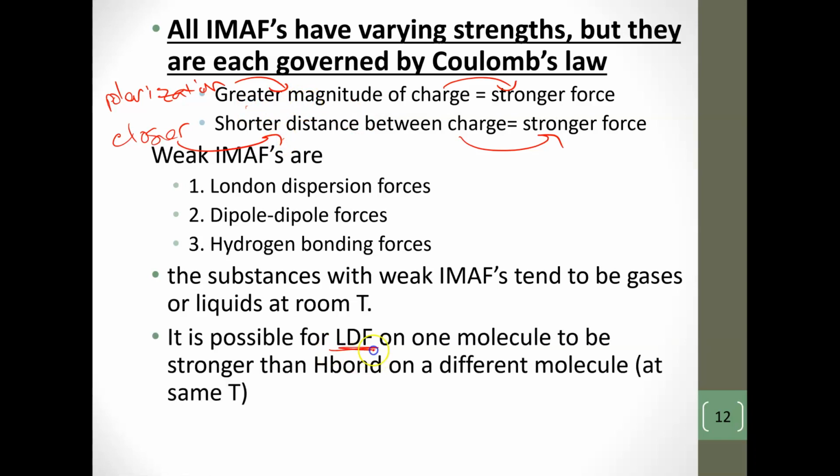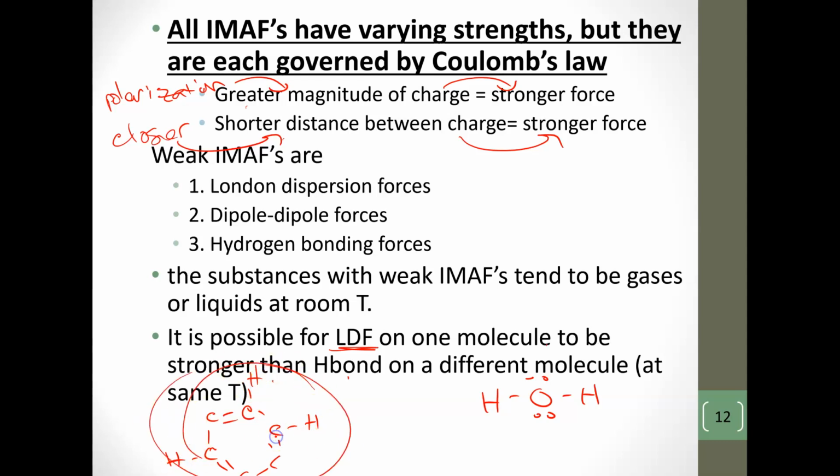It is possible for the LDF on one molecule to be stronger than hydrogen bonding on a different molecule. So for example, water has hydrogen bonding. If I had something like, I don't know, let's do that, benzene. It's got hydrogens, it's got LDF. It's a pretty big molecule though.